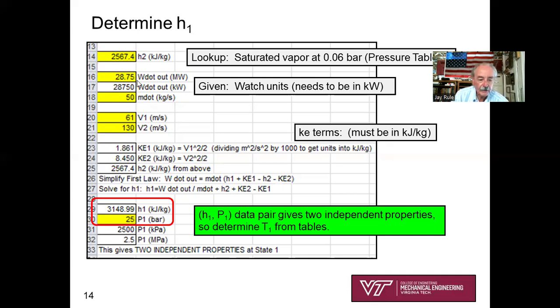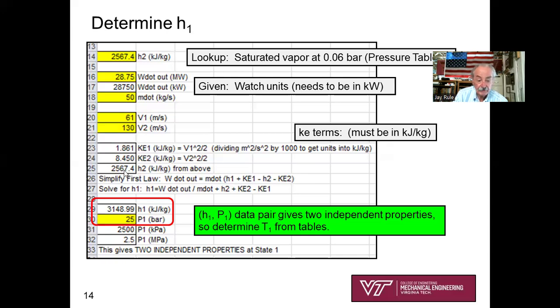So I simply slip the decimal point 3 places to get 28,750 kilowatts W dot out. I wrote down M dot, 50 kilograms per second, given. I wrote down my two velocities, and I calculated the kinetic energy, 1/2 V squared, and then divided that by 1,000 to get kinetic energy terms in kilojoules per kilogram.